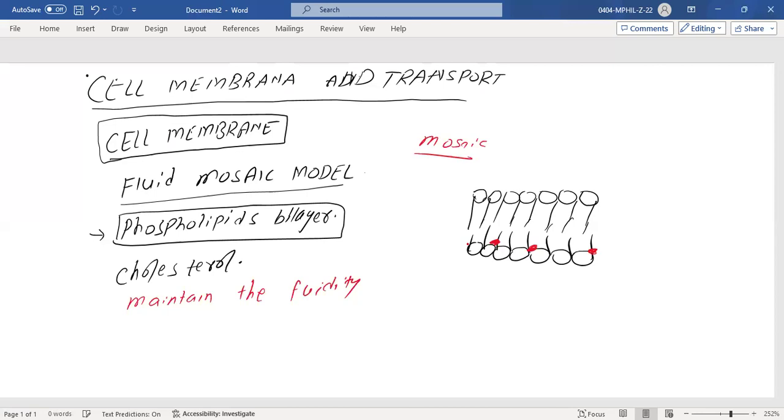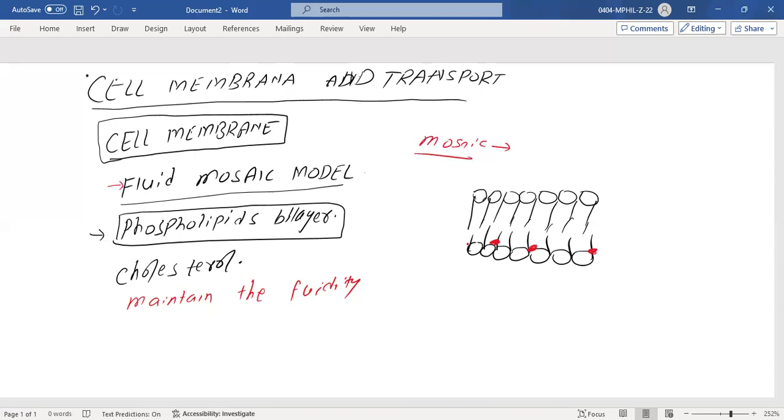Mosaic means you can say a dual nature, a mixture, something which has a different composition. It is not composed of only solid, but its overall structure is like a fluid mosaic. That's why we call it the fluid mosaic model. We should get this idea from here as well. Fluid: something that has the ability to flow.